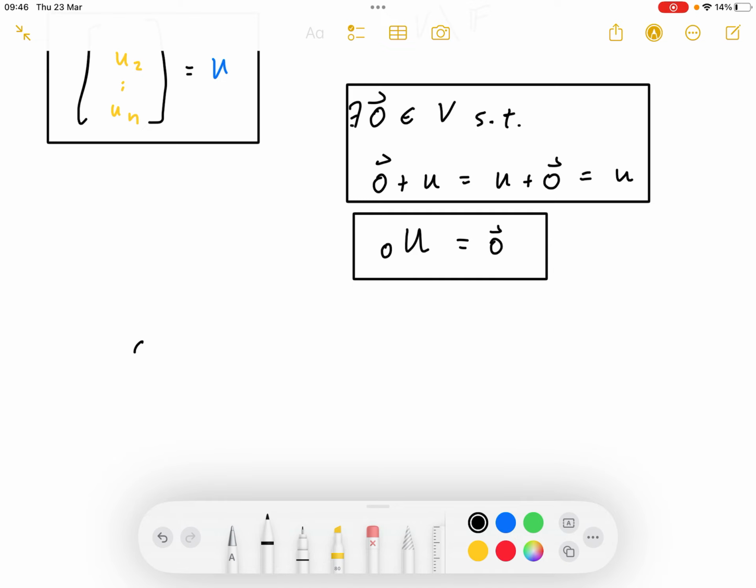And I'm not entirely sure, but something like this, for example. So distributivity and stuff like that.